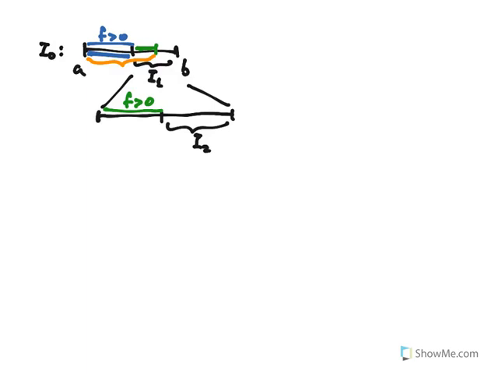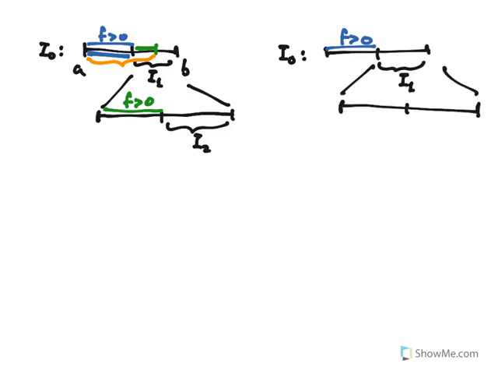Now, of course, there is the other possibility. Let's say we start with the same picture where the function happens to be positive here. So I sub 1 is still this half. We blow that up. We look at its midpoint. And now let's say that there exists some point here where the function takes a non-positive value, some x where f of x is less than or equal to 0.